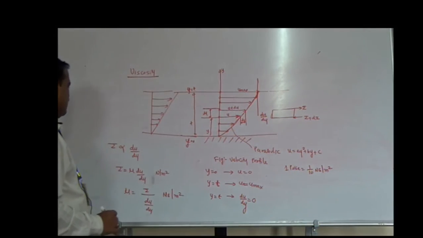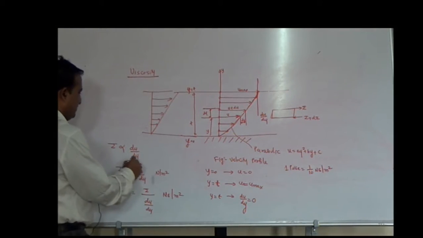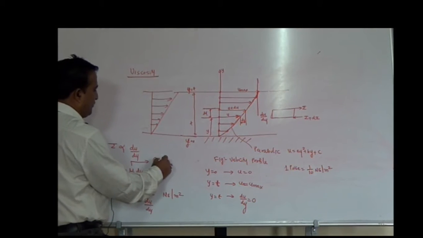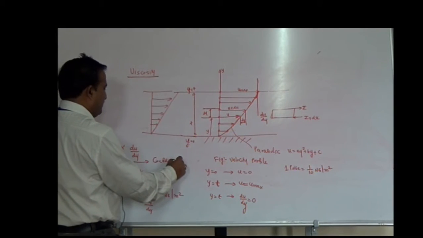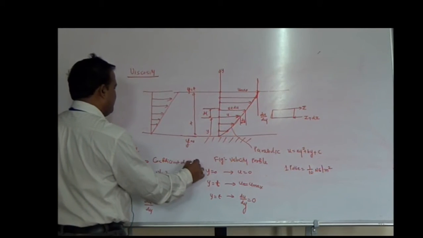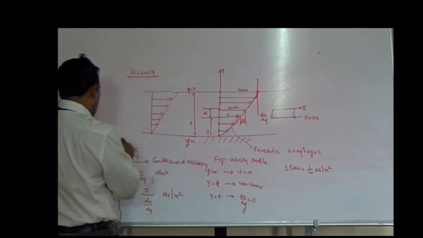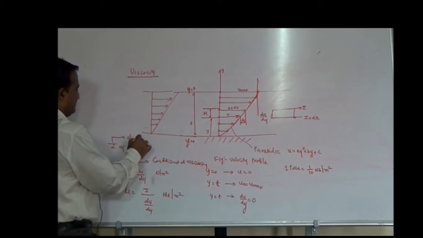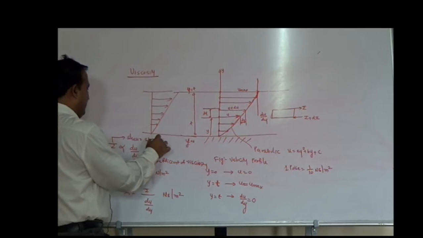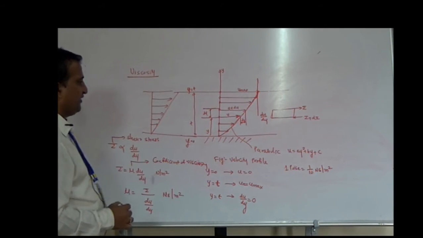Mu is called the coefficient of viscosity or dynamic coefficient of viscosity. Tau is called shear stress and du by dy is called rate of shear strain.